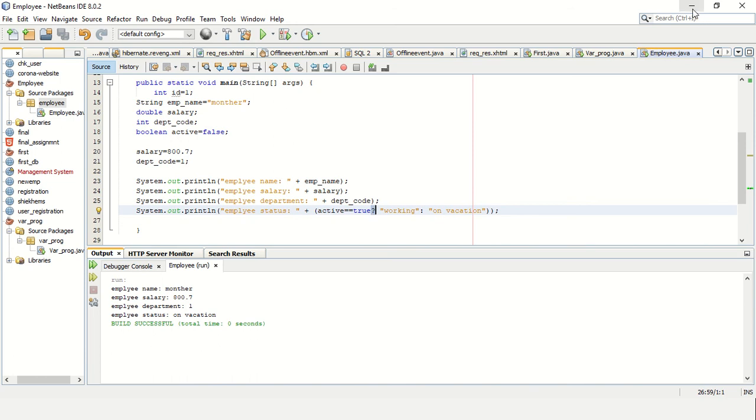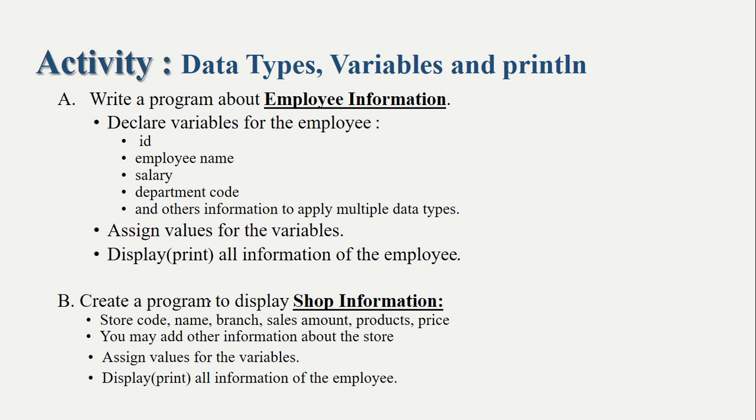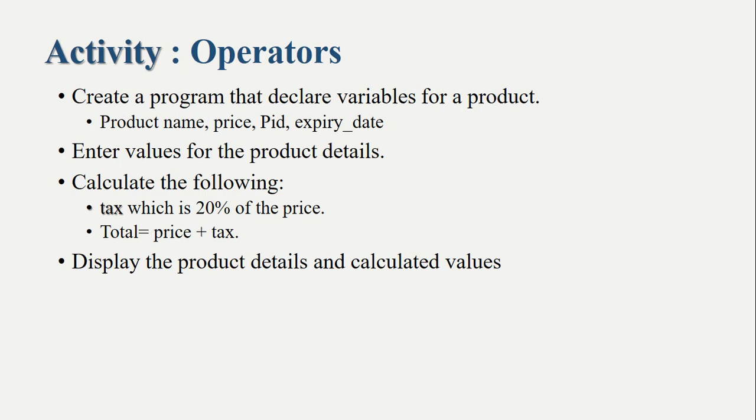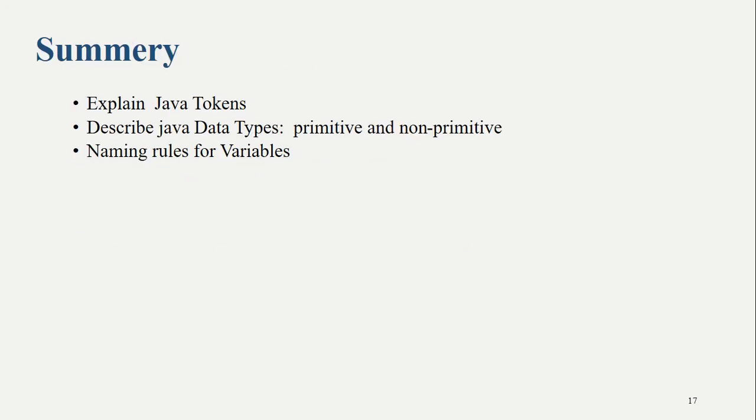Now, this was the first activity. I would like you to try and do the second activity by yourself, and also there's another activity for the operators, which is to try to do some calculation. If you have a problem, you can contact me.